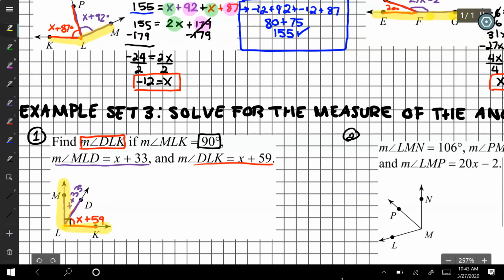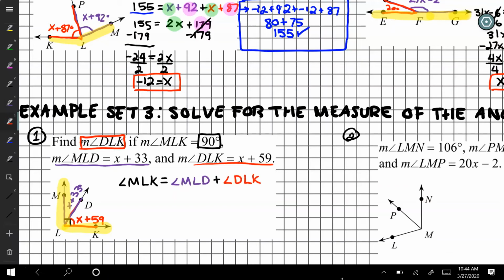So let's go ahead and get that set up. Angle MLK is going to equal angle MLD plus angle DLK. Alright, and we're going to go through and substitute everything that we labeled in our example here.